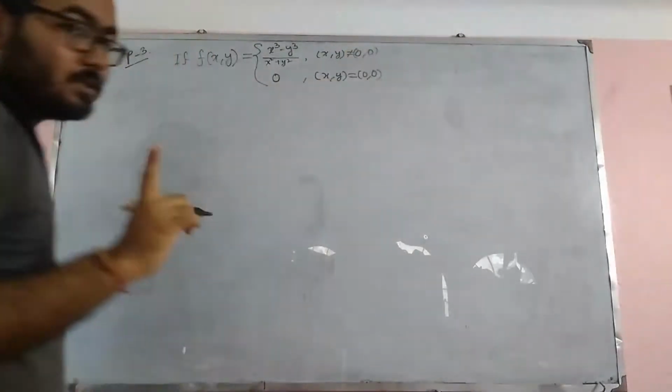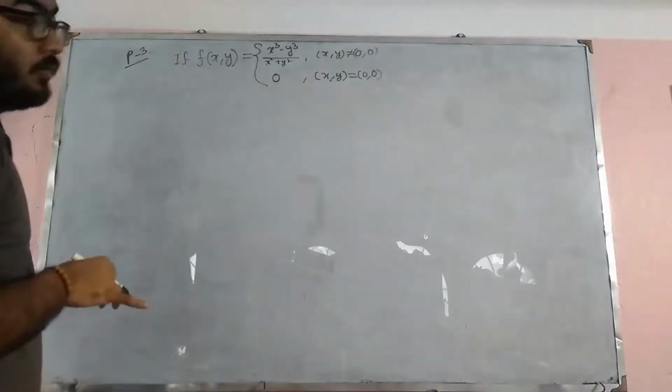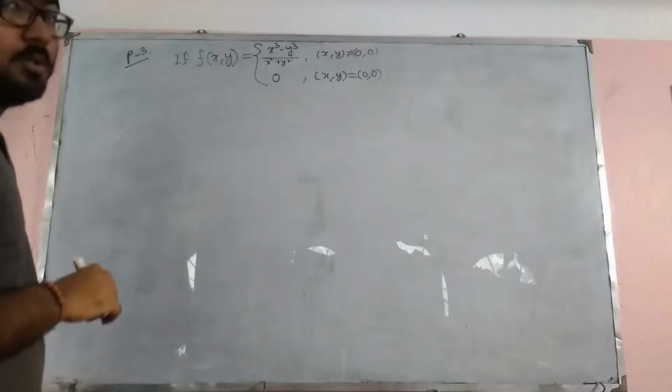Not equal to 0 means at least one of x and y is not 0.